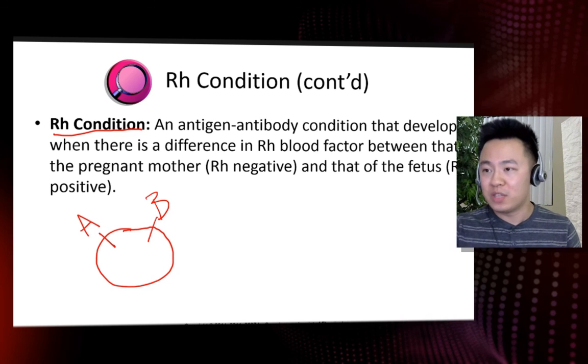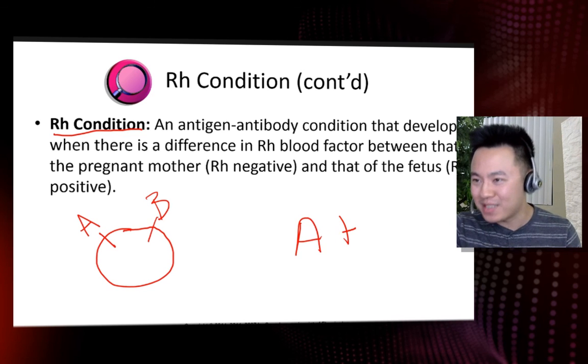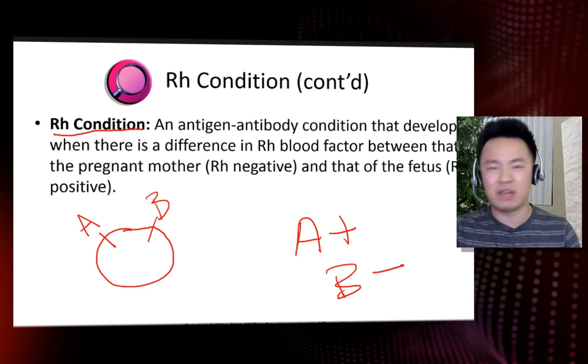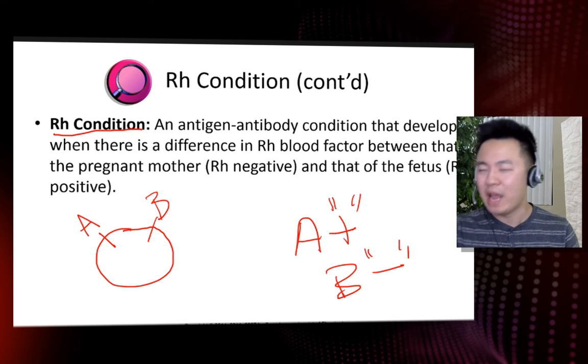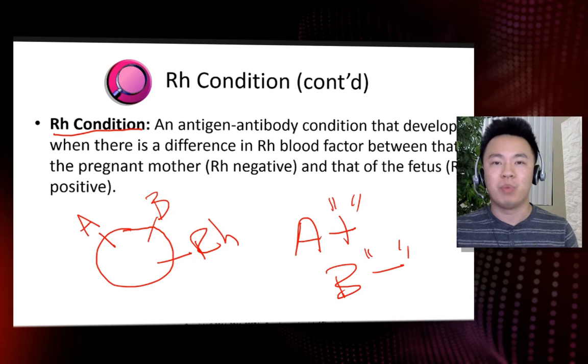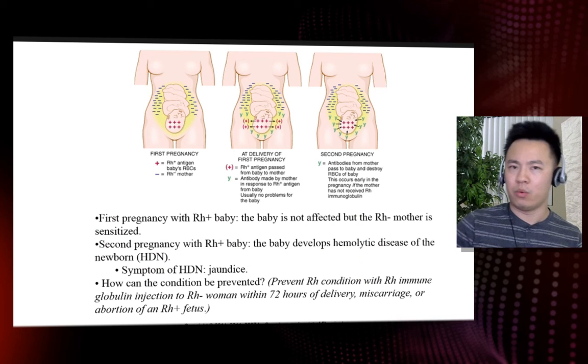So a lot of times you might see on a blood type card A positive or B negative, etc. This positive or negative determines whether or not the person has the Rh factor on their blood cells. So just keep that in mind as a future lecture comes up when we start talking about blood cells. So let's go ahead and get started. And why is this Rh condition very important or relevant for us?